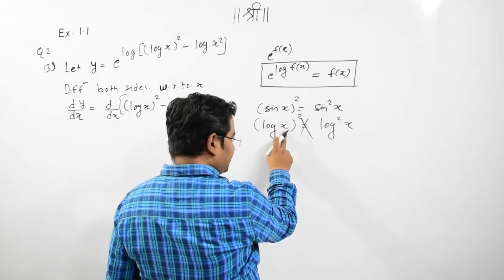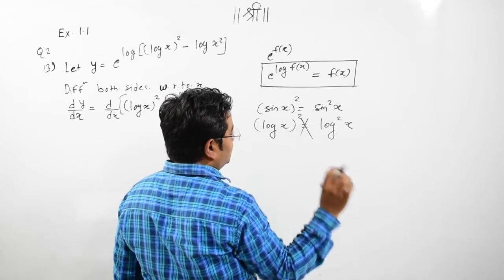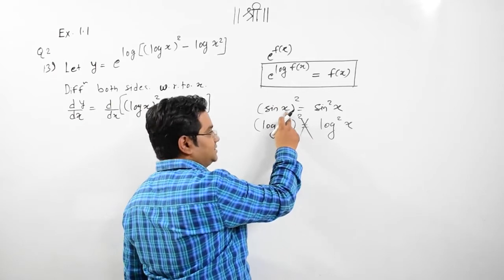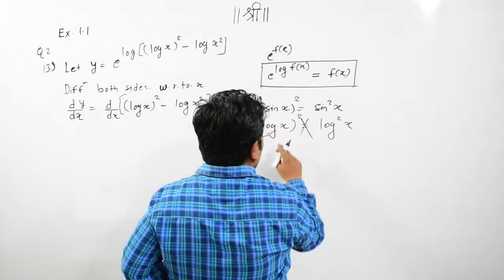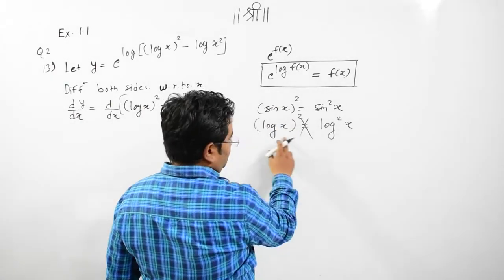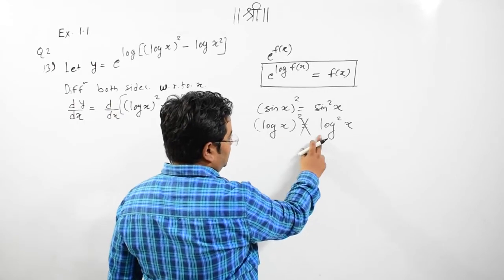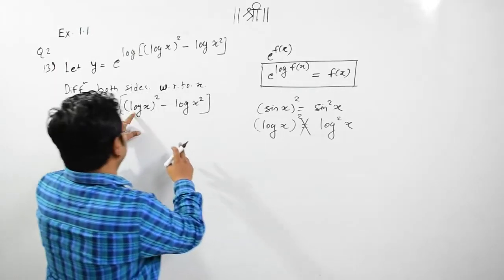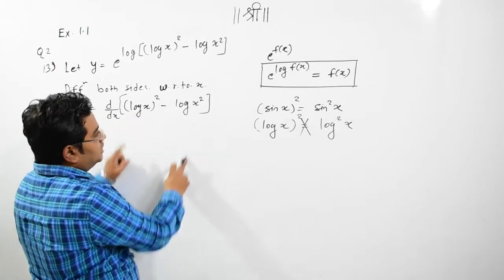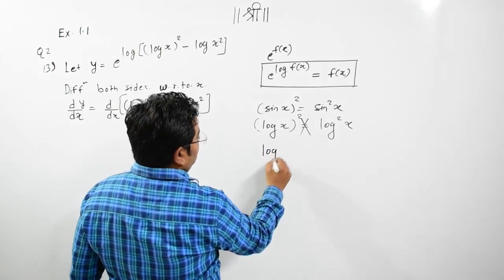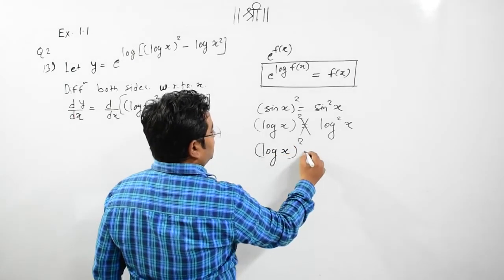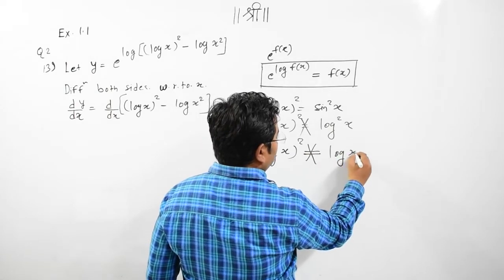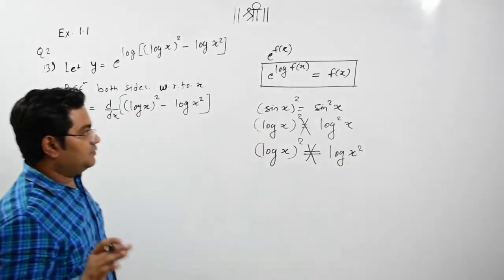Log of any variable x is one operation. Again, sine of any x is another operation. So these operations are not in this manner. That's what I wanted to put in front of you. That's how this is different and this is different. So log of x bracket square is not equal to log of x square.